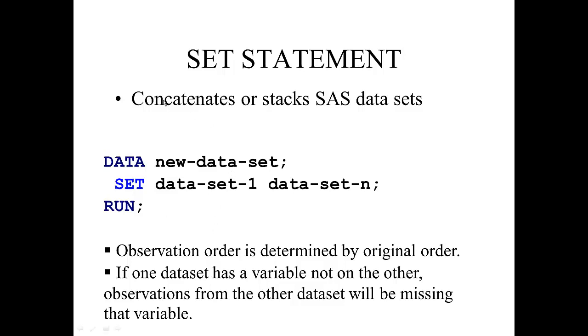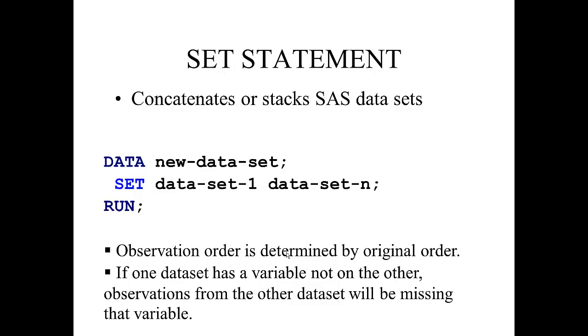Here's a general example of our code where we start data new dataset and we're stacking dataset1 followed by dataset n. The observation order is determined by the original order. So dataset1 is going to be the first set of observations in our new dataset, and dataset n is going to follow the observations that were in dataset 1.